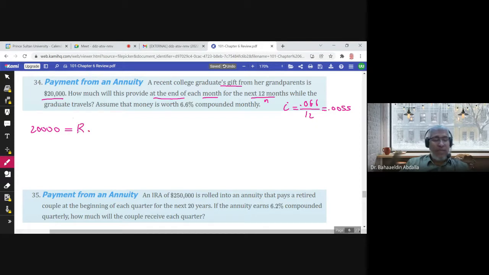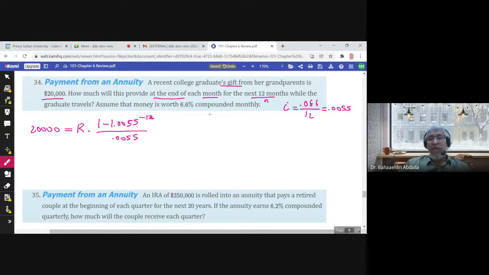This is a present value of annuity, so we need the formula 1 minus (1.0055) to the power negative n, which is negative 12, over i.